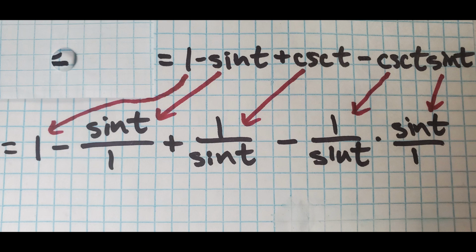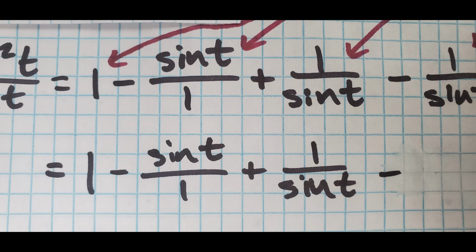The negative sine of t, I'm going to call that negative sine of t over 1. The cosecant is 1 over sine of t, and then the sine of t is just sine of t over 1. So basically, I just made everything a fraction, and the reason I didn't do it to the 1 yet is because I don't know what's going to be beneficial for that. So we're going to wait to see what looks good for us on that one.